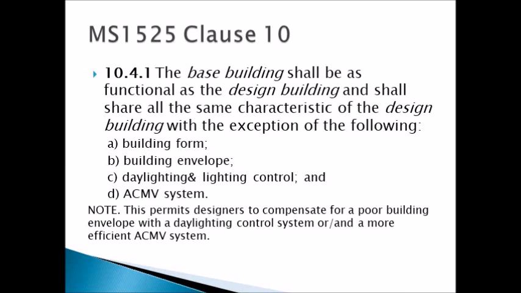So what this does is that it allows the designers to compensate for a poor building envelope. Now your design building envelope does not meet the OTTV requirement, for example, because you want to have more daylight, you have a larger window which increases the OTTV, but then you would like to introduce a daylighting control system which mitigates the energy requirement for daylight, or you would propose that in your design building you would use a more energy efficient chiller, for example, with higher COP.